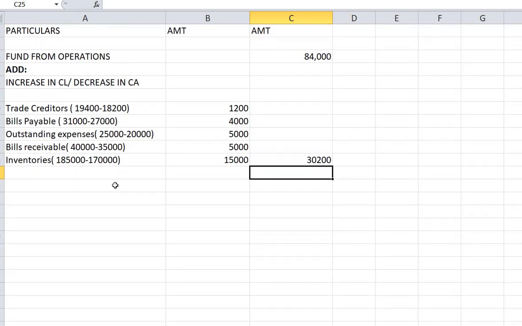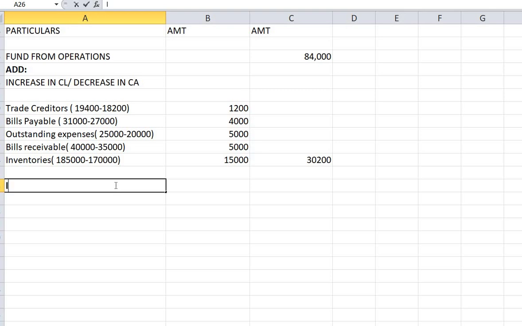We will do the adjustments later. So next is you have to subtract certain items. Yes, what are those items? It is increase or you can write decrease in current liability, or increase in current asset.